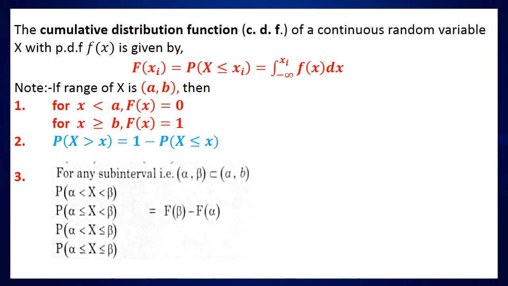That is, the cumulative distribution function is given by F of xi is equal to p of x less than or equal to xi is equal to integral minus infinity to xi f of x dx.